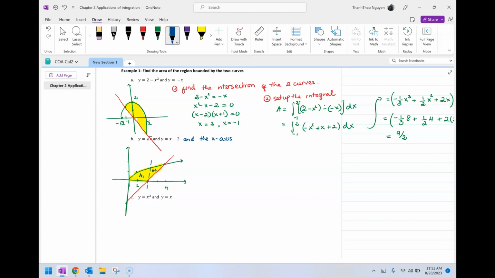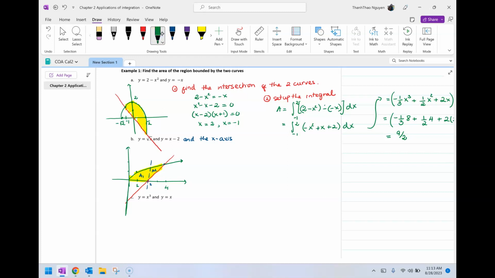Area 1 goes from 0 to 2, and area 2 is the integral from 2 to 4. We know that the curve y equals x minus 2 and y equals square root of x intersect at x equals 4. When y equals 2, x equals 4.